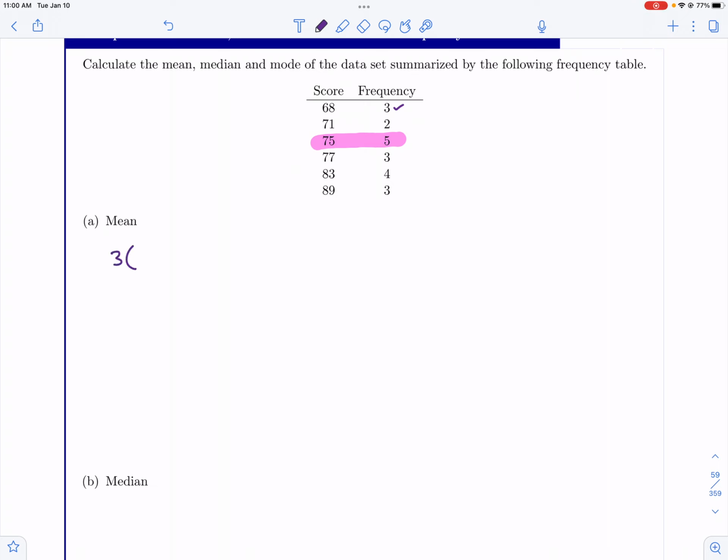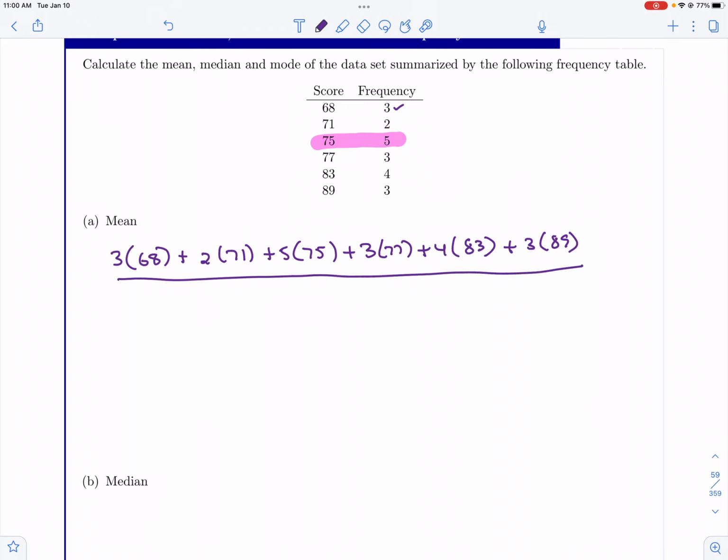So it would look like 3 times 68 plus 2 times 71 plus 5 times 75 plus 3 times 77 plus 4 times 83, and then finally plus 3 times 89. And then we'd want to divide by the total number of elements altogether.